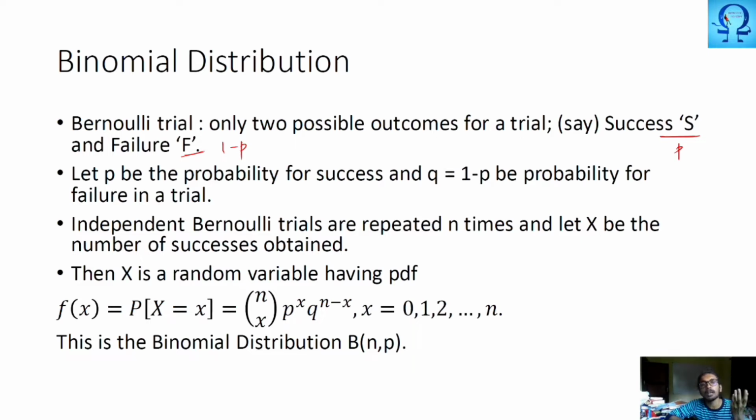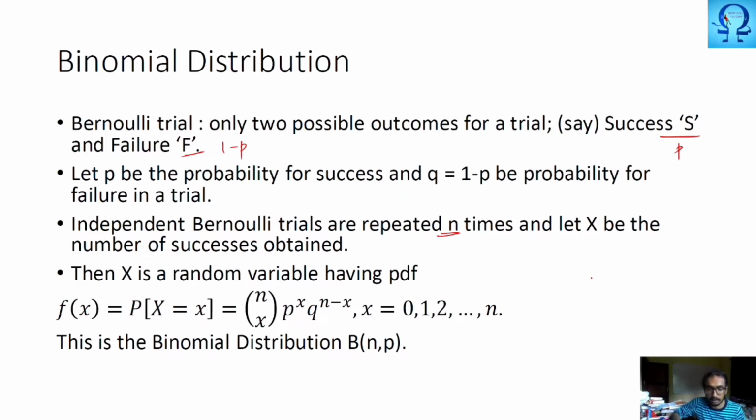If you are performing this Bernoulli trial for some repeated finite number of times, let us say n times, then that experiment is modeled under the binomial distribution. So when you are performing this for n times, you count the number of successes that you are getting.